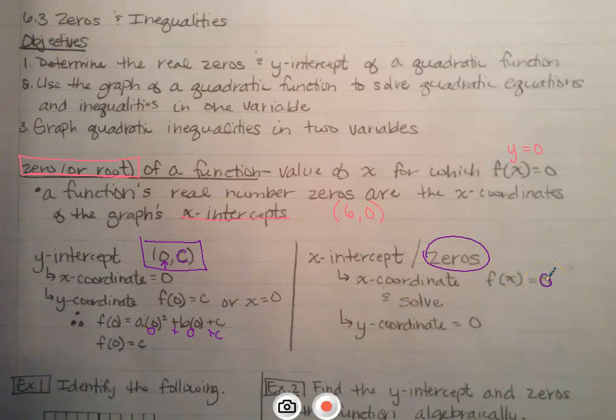So we're going to write our whole function and set it equal to 0, and then solve. So maybe you want to write in there, set function equal to 0 and solve. That's what that really means. And in this case, our y-coordinate is going to be 0, because f of x, or our y-coordinate, equals 0.